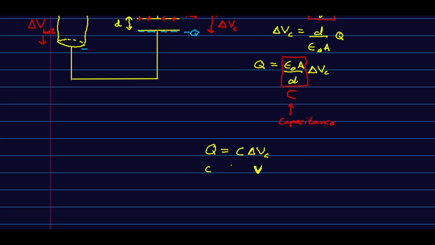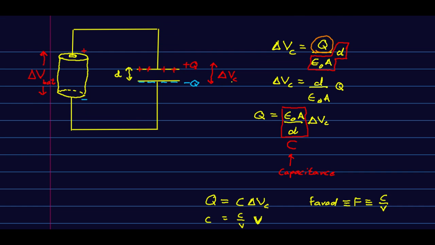And so the capacitance has to be in coulombs per volt if that equation is going to work. And so the units of capacitance are farads, F, which is coulombs per volt. And so if you think about what that means, it's telling you per unit of voltage applied across the capacitor how much charge gets stored on its plates.